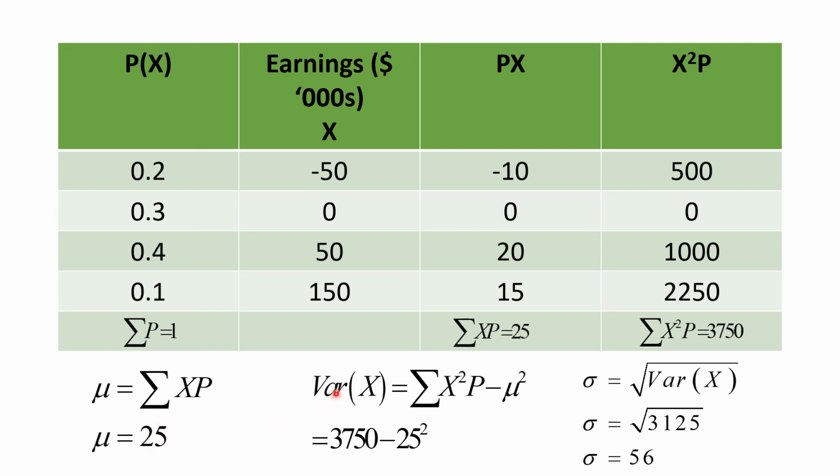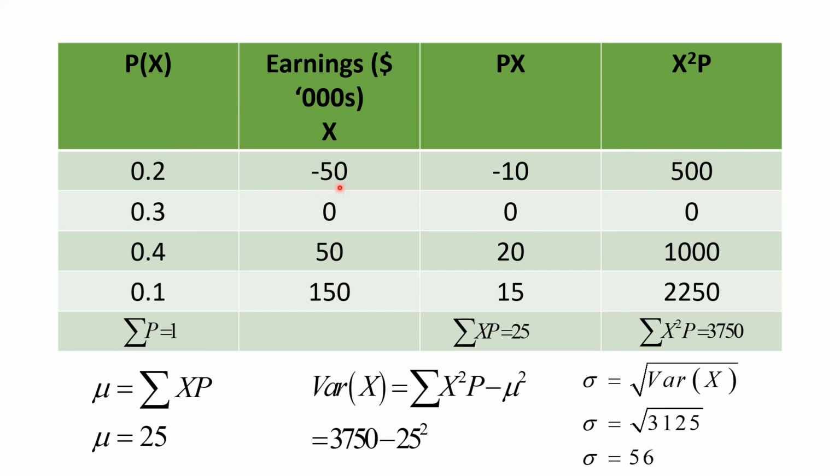Next, the question requires you to determine the standard deviation. For variance, this is the formula: sigma x squared p, take away mean squared. You have found the mean, so you need to determine sigma x squared p. In order to do so, you need to square your x.